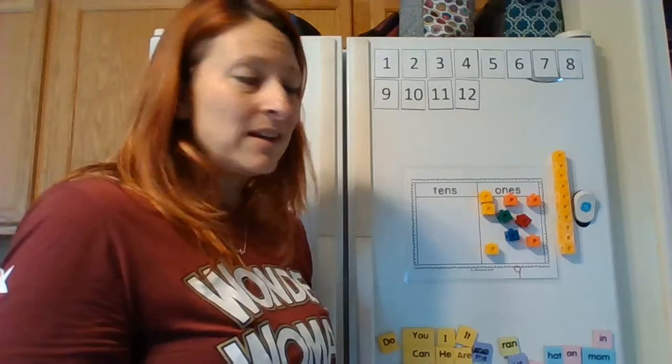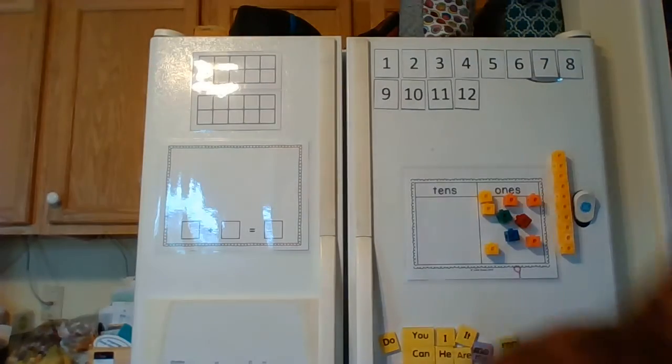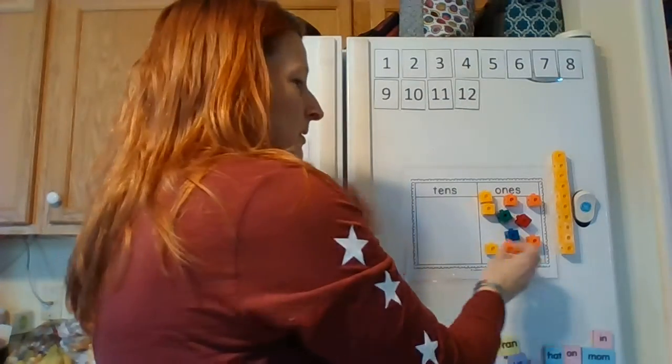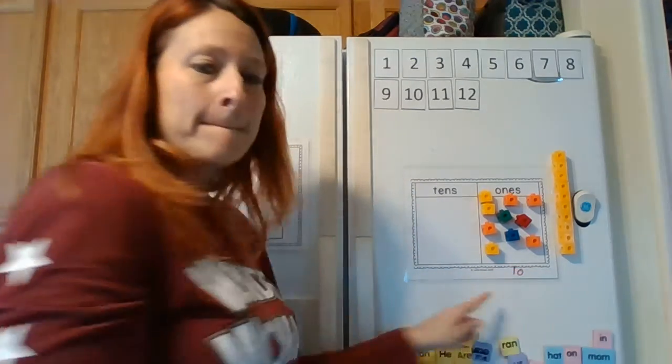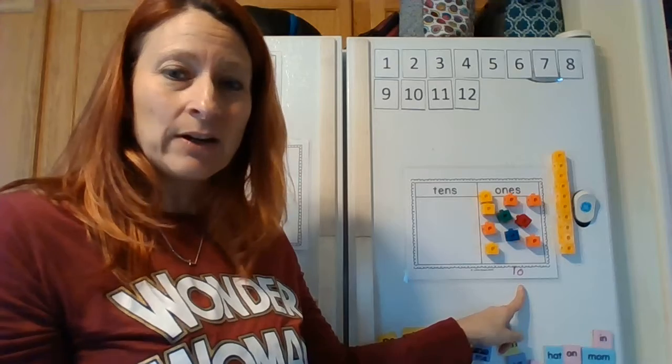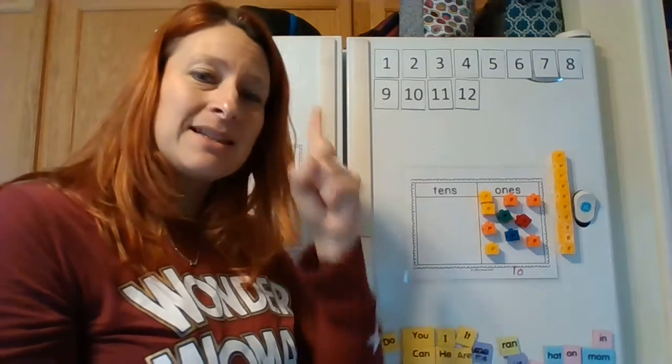But then, as soon as I add my next cube, that gives me a 10, but I can't put a 10 here in the ones spot because you only want one number.